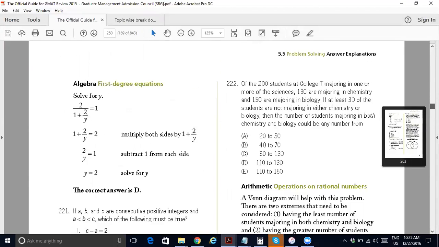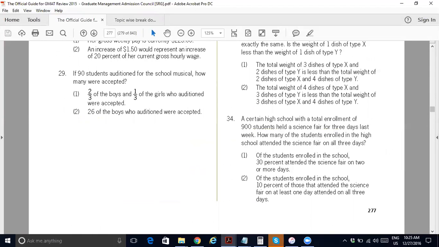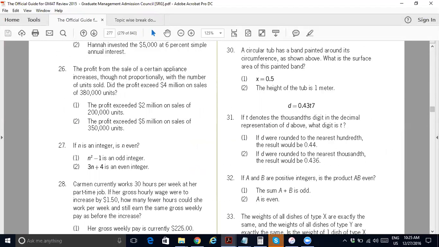In the second part, D is equal to 0.43_7. I just want to confirm the second statement: if D were rounded to the nearest thousandth, the result would be 0.436.